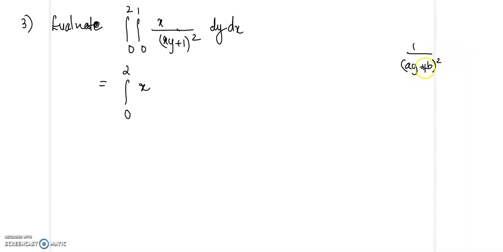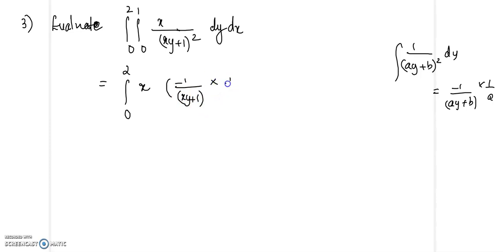The integral of 1 by (ay plus b) whole square is minus 1 by (ay plus b) into 1 by a. So here, when you integrate with respect to y, x is constant, and the integral is minus 1 by (xy plus 1) into 1 by x, with y varying from 0 to 1, dx.